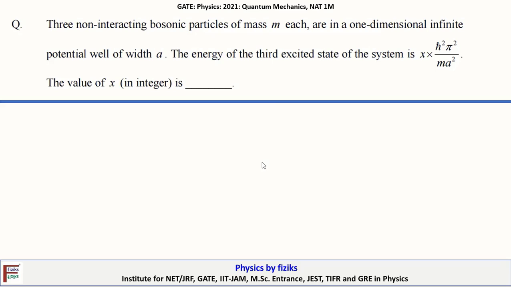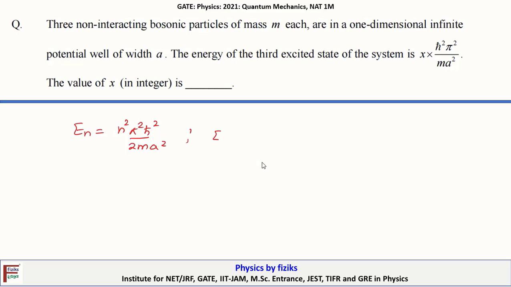In this question, 3 bosonic particles are placed in a one dimension infinite potential well, of which we have to determine the energy of the third excited state. Now, energy of the particle inside a one dimension box would be pi square h square by 2ma square.